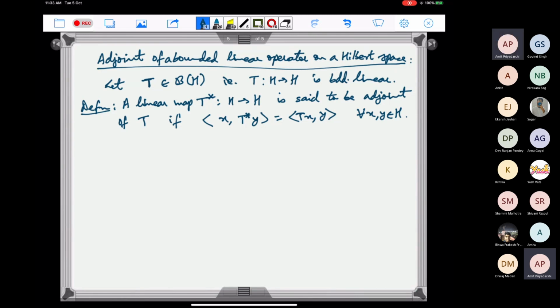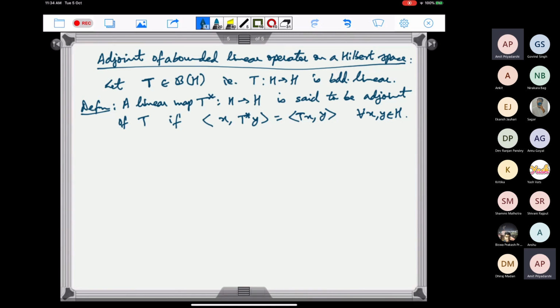So a linear map need not have an adjoint, but if you have a finite dimensional inner product space, then any linear map on it has an adjoint. And more generally, here we are saying that if we have any Hilbert space, and T is a bounded linear map, then it has an adjoint, and this adjoint will also be a bounded linear map. So T star also belongs to B of H, and then we'll see that it satisfies certain properties.